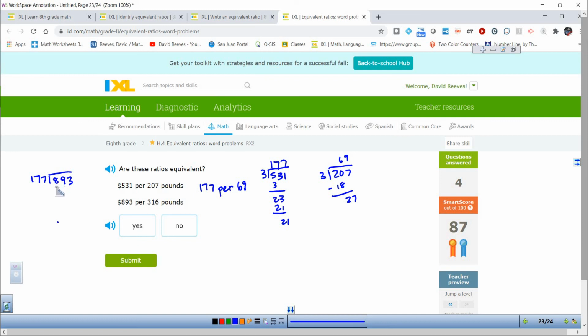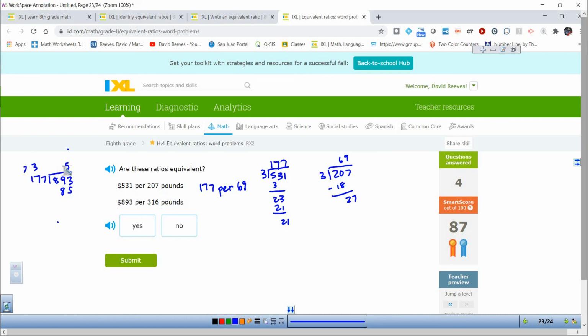All right, so 177 into 893. Well, if I rounded this up to 2, 2 would go in. We could try 4, right? Well, 4 times 7 is 8. All right. That's not gonna work, is it? How about if we tried 5? 5 times 7 is 35. Carry the 3. I get 8.